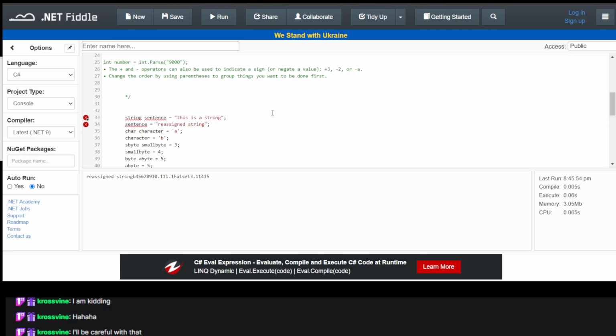Compound assignment operators: plus equals, minus equals, times equals, slash equals, mod equals are shortcuts that adjust a variable with a math operation. A plus equals 3 is the same as A equals A plus 3. The increment and decrement operators add and subtract 1: A plus plus, B minus minus.